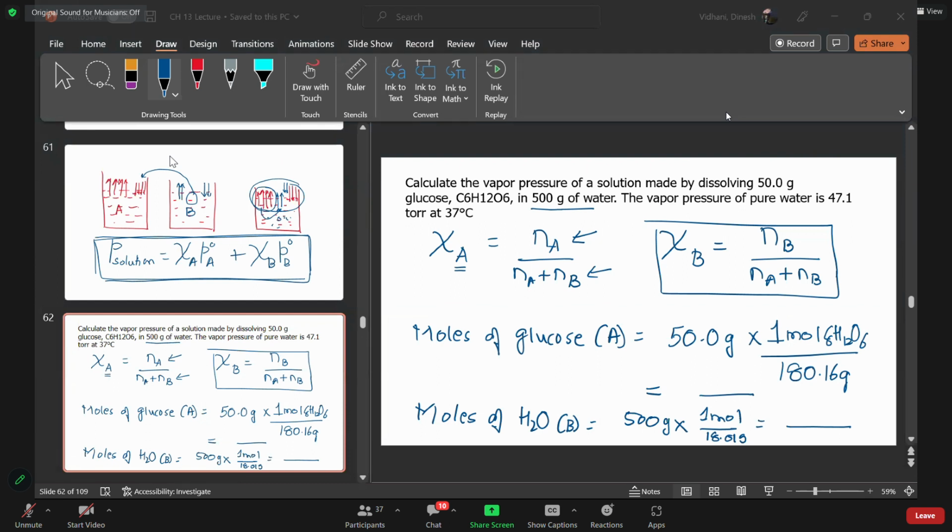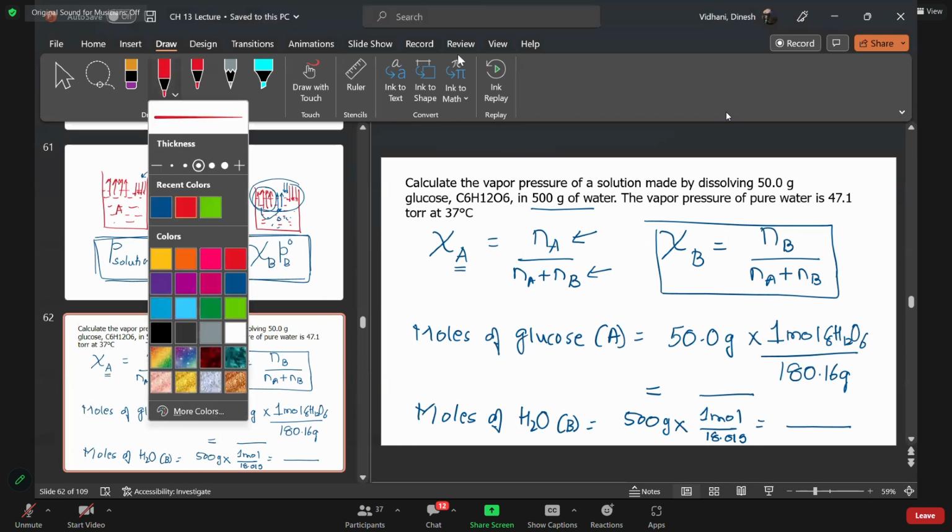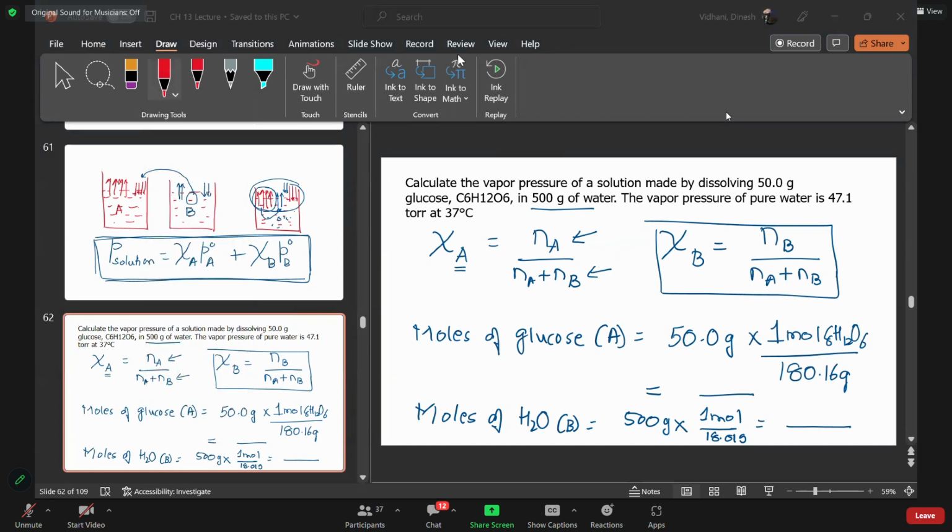So 27.74, is it for the glucose or is it for water? Glucose, okay, for glucose 0.278, that makes sense.